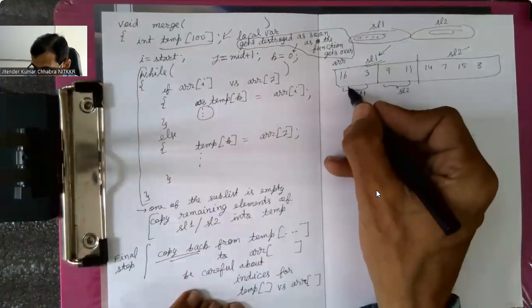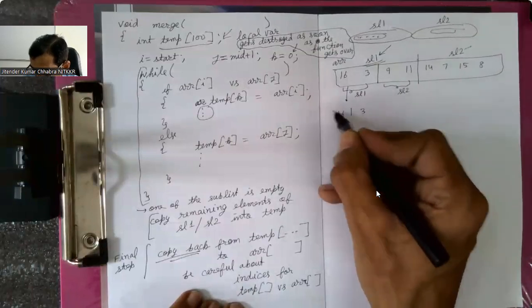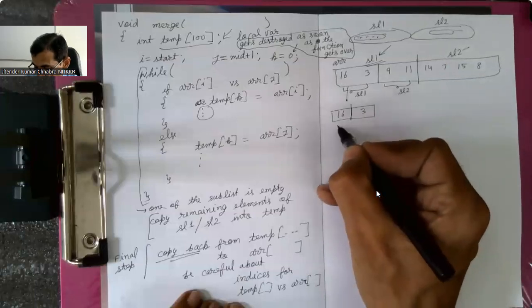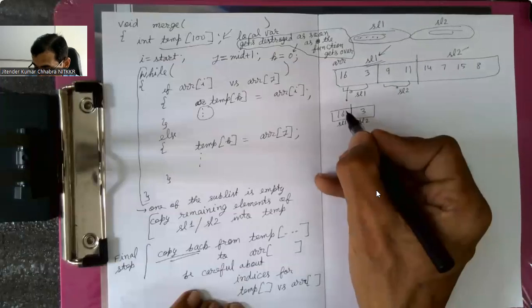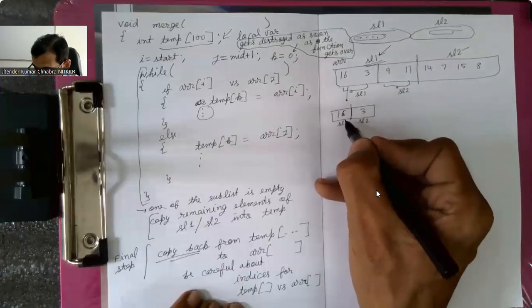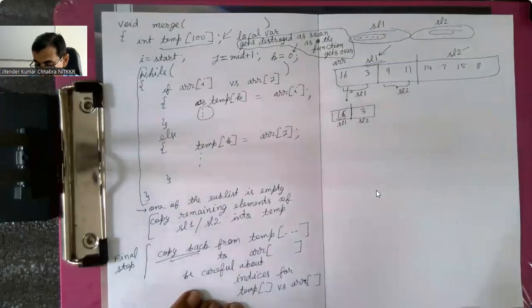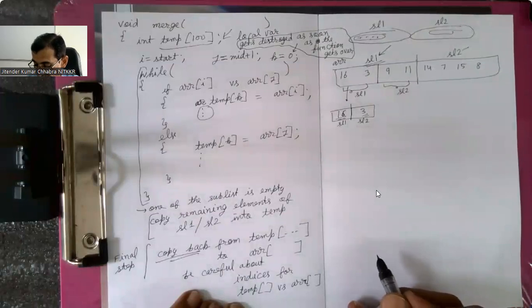The recursive call again went to this. This was further divided into two sublists, one having one element, the other having another element. Now, when this recursive call was called, it saw that it has only one element, so merge sort need not do anything. This also saw that it is one element, so merge sort need not do anything.